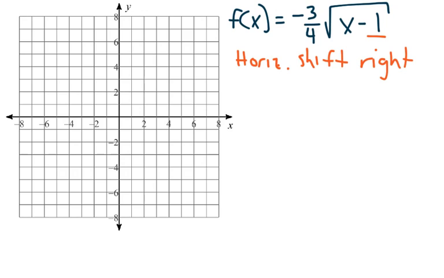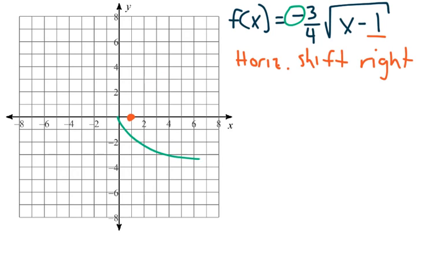All right, so this starting point is actually just right here. Really not all that bad, right? We do have a vertical shrink. What else do we have going on? A reflection. I said that our parent function goes up like so, yes?